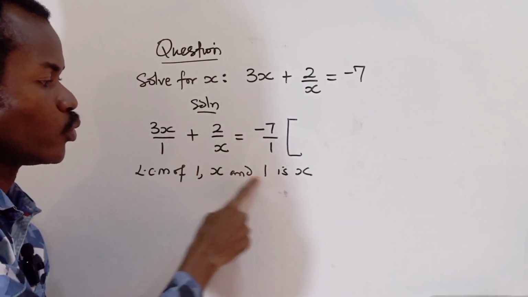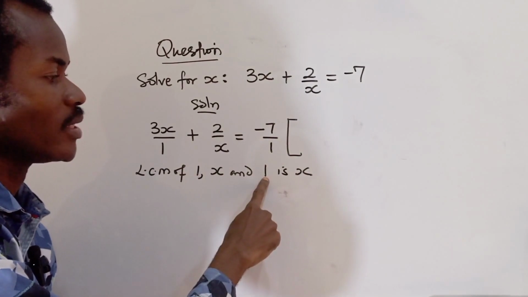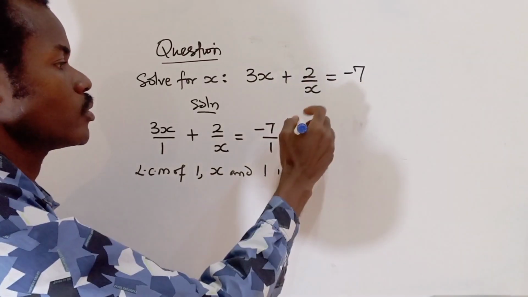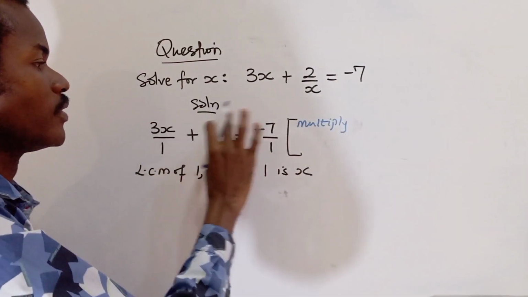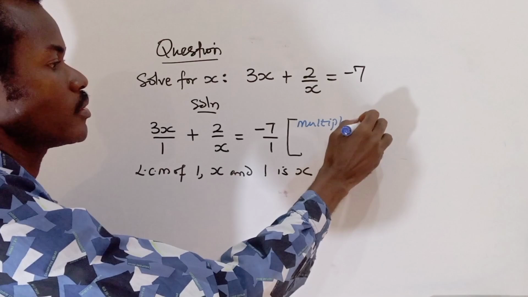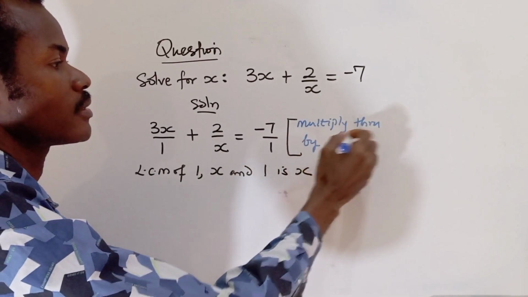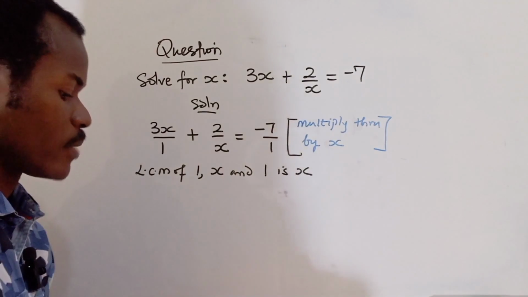When you have 1, 1 and any other alphabet, if you multiply all these, you are still going to get x, which is the LCM. So we are going to multiply each of these through by x.